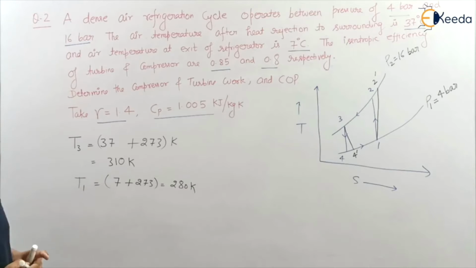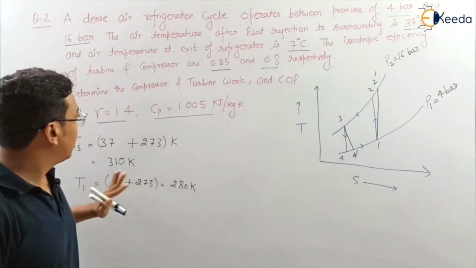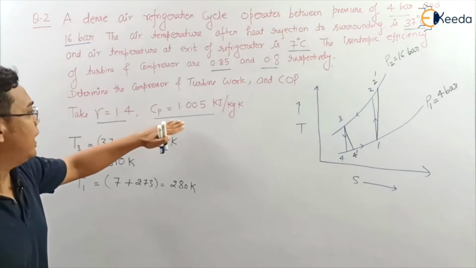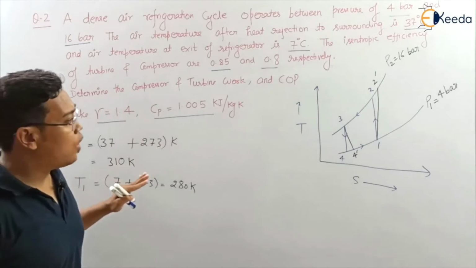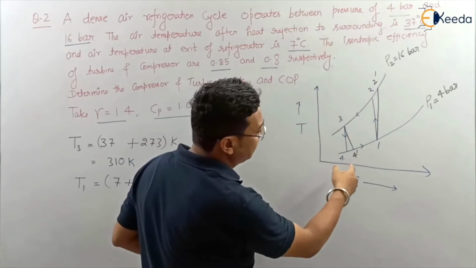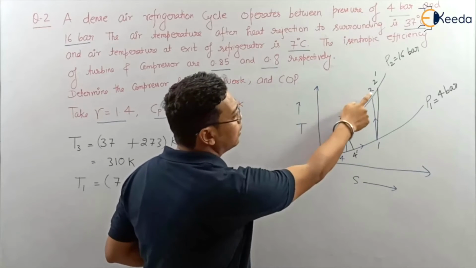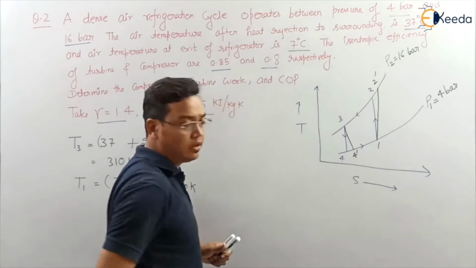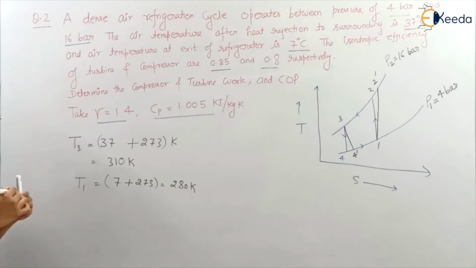Now gamma we know and Cp we know. We will find out all the other parameters like 4 dash, 3 and 2 dash, which we don't know. How will we calculate?